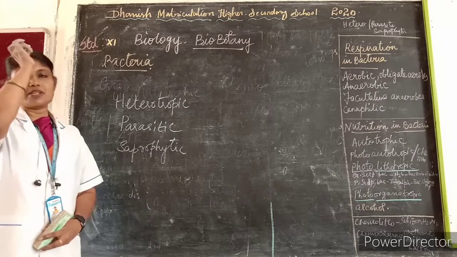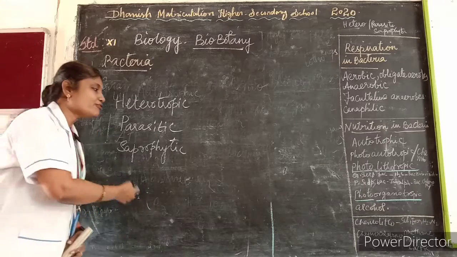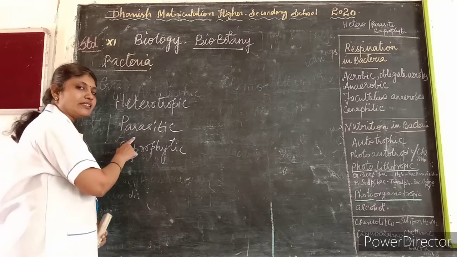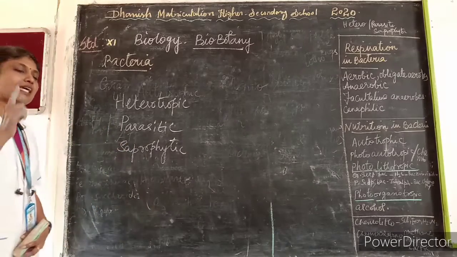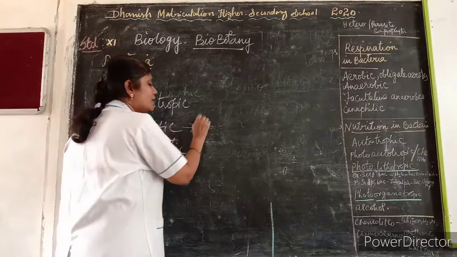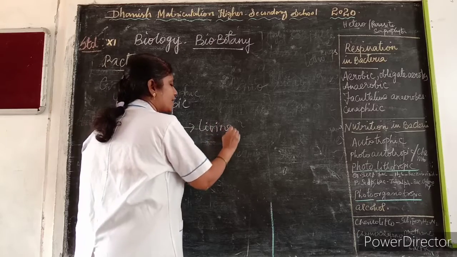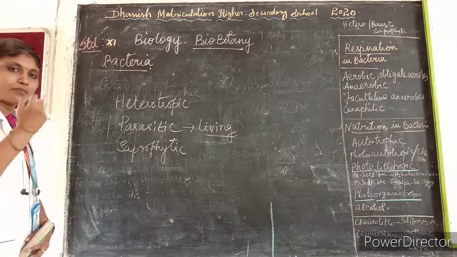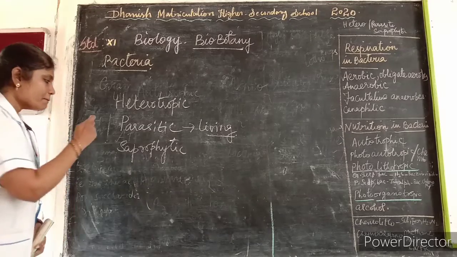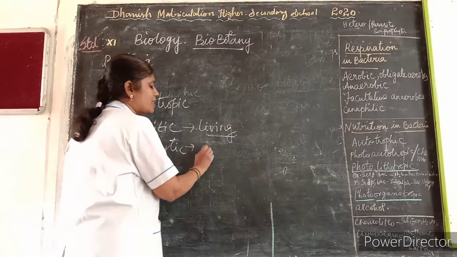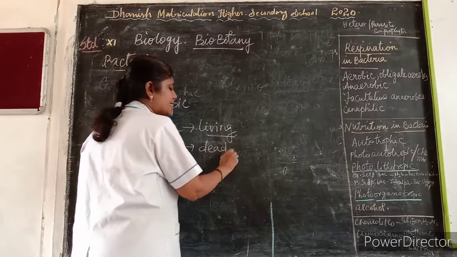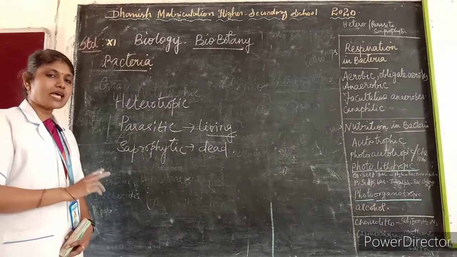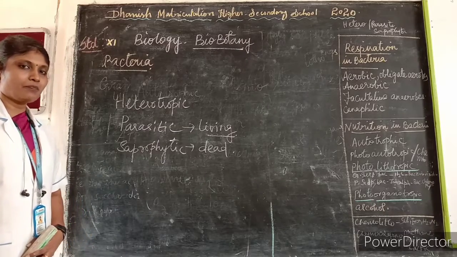What is the difference between parasitic and saprophytic heterotrophic bacteria? Parasitic bacteria live inside the living body. They require the presence of a living cell to absorb nourishment. But saprophytic bacteria live on dead and decaying matter. That is what is called saprophytic bacteria.